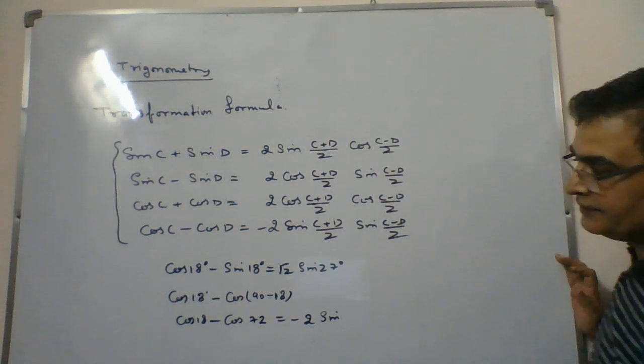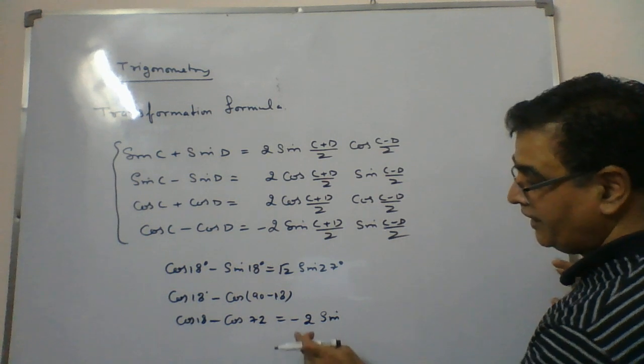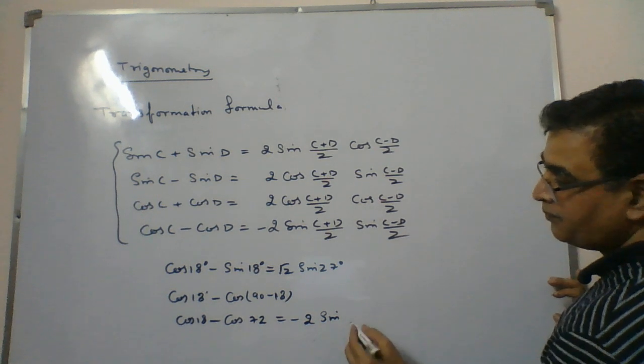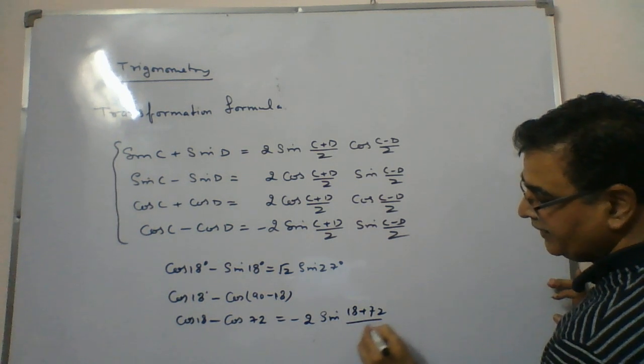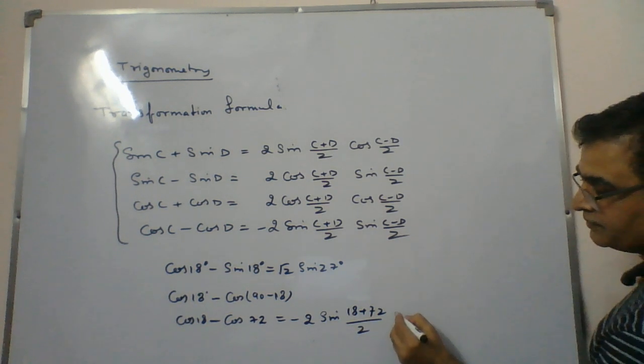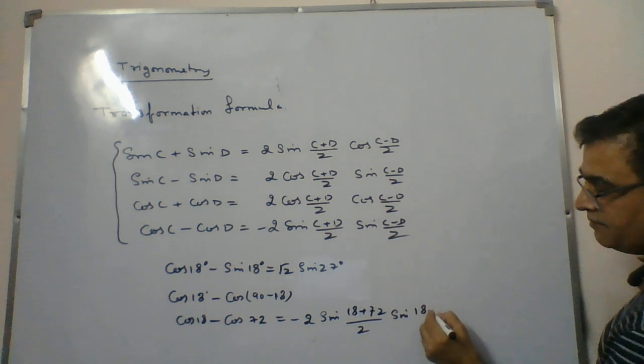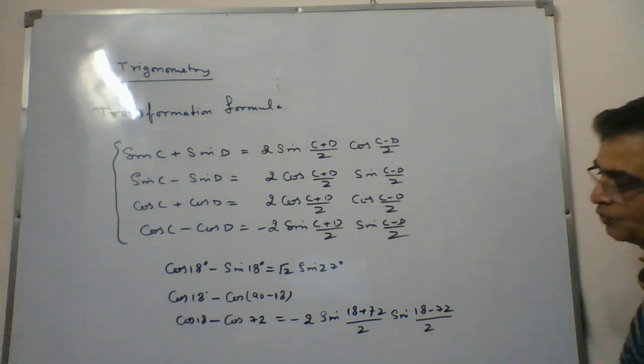Yes, in this case cos C minus cos D is minus 2 sine of (C plus D) by 2, so 18 plus 72 by 2, and then sine of (18 minus 72) by 2.